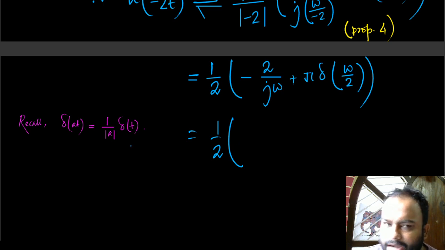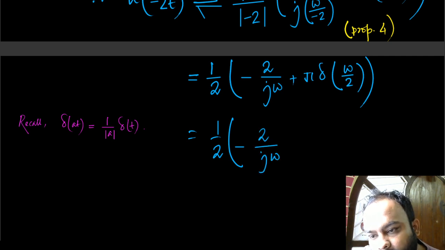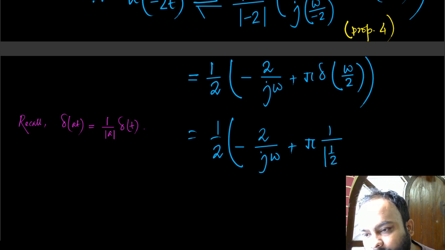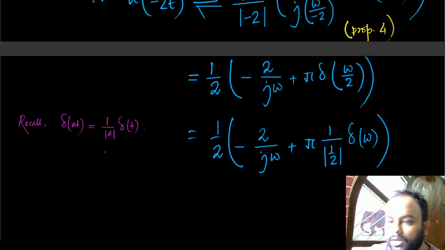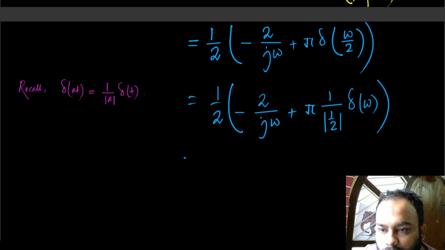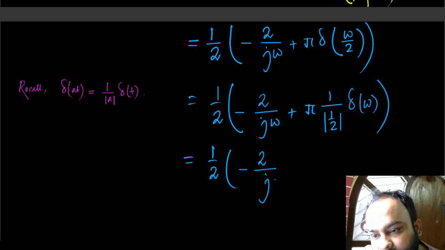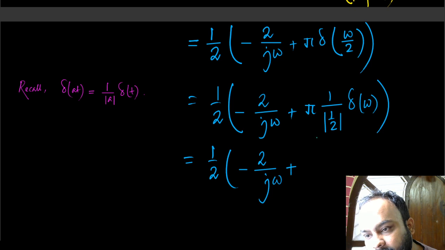This property looks similar to this: 1 by 2 j omega plus pi. So this is delta of at, where a is half. So I have 1 by half, of course mod of half, delta omega. So this can be written as half of minus 2 by j omega, plus 2 pi delta omega.